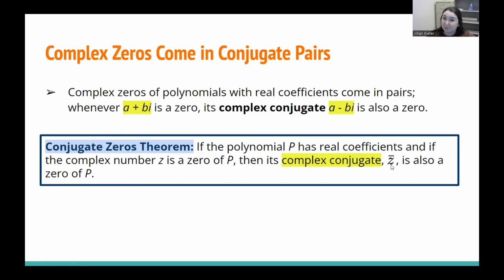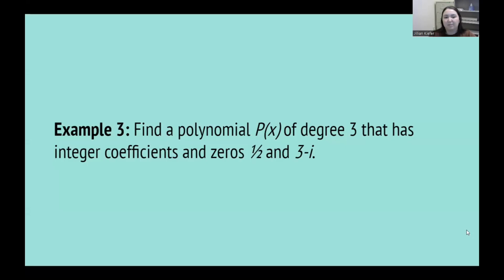But its complex conjugate, which in this case would be something like a minus bi, is also a 0. So it's the same thing as we said, just with book definitions instead. But all right, so complex conjugates come in pairs. So we're always going to see this.